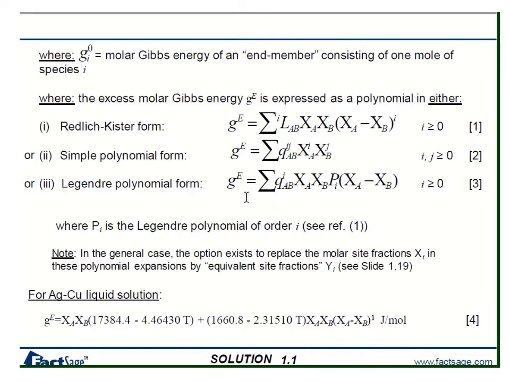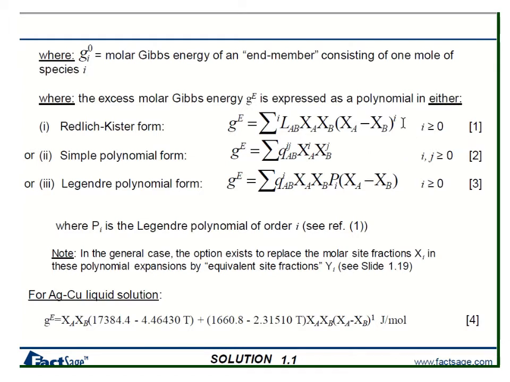Most of the time we don't use the Legendre polynomial; we typically use the simple polynomial function or the Redlich-Kister type of polynomial function. By the way, between the Redlich-Kister type polynomial and the simple polynomial, we can convert 100% from one to the other.